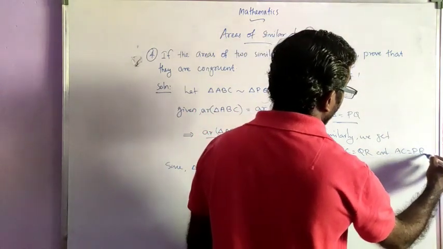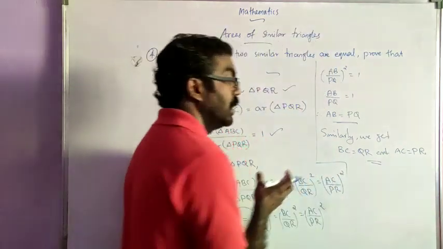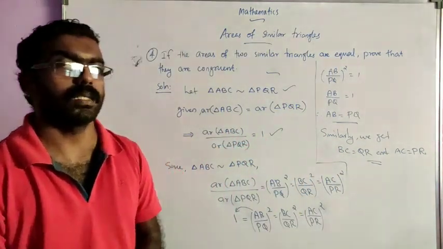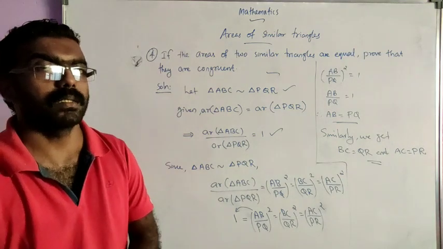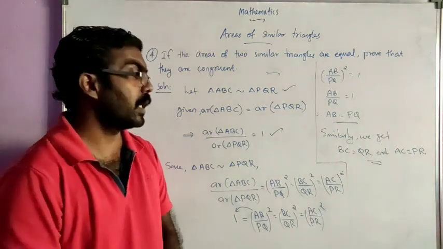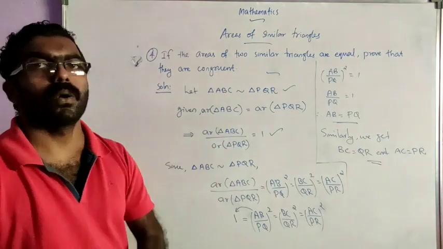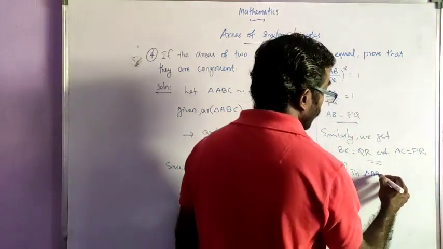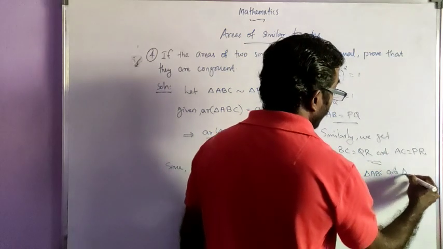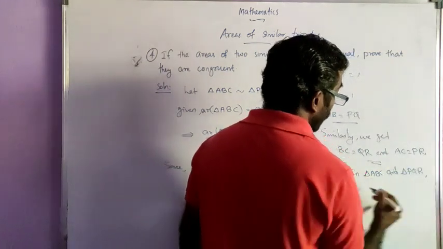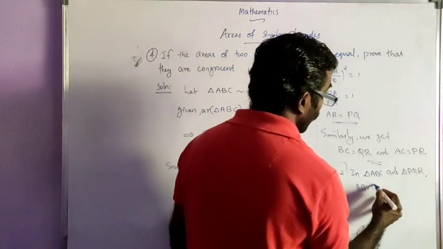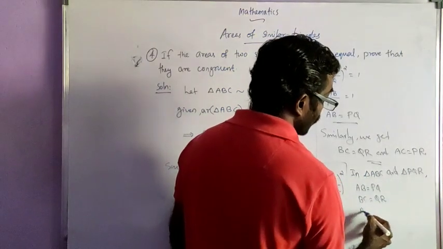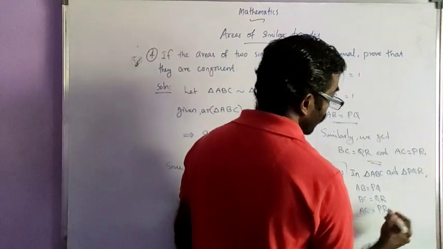That means the three sides of one triangle are equal to the three sides of another triangle. So by SSS congruence rule, we can write the two triangles are congruent. Okay. So in triangles ABC and PQR, AB equal to PQ, BC equal to QR, AC equal to PR.